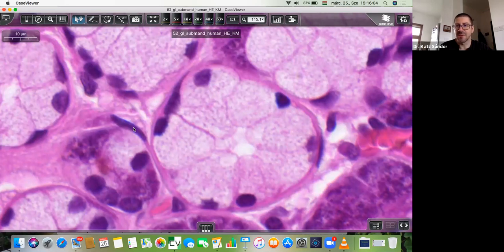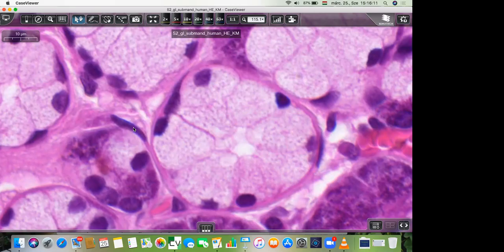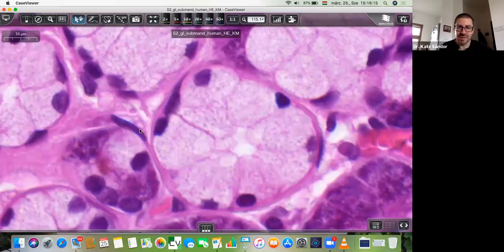This is a myoepithelial cell. Myoepithelial cells are modified smooth muscle cells, or you can say they are cells having contractile activity. Eventually, they help to push and support the wall of the acini.